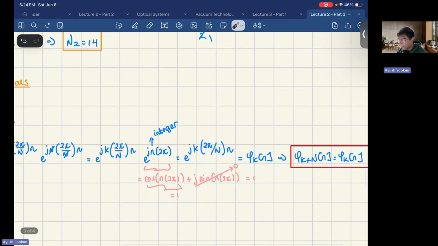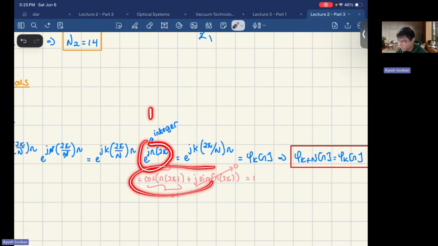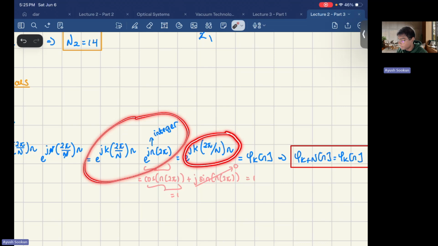Now again, you can express this exponential in the form of a cosine plus j sine, where this is your theta, and 2 pi. A multiple of 2 pi for a cosine is 1, so this cosine is just going to be 1. And a multiple of 2 pi for a sine is 0. So in the end, this whole thing here is just 1, which means that everything you have here is equal to this part only.